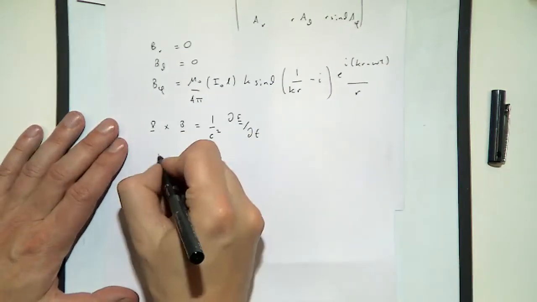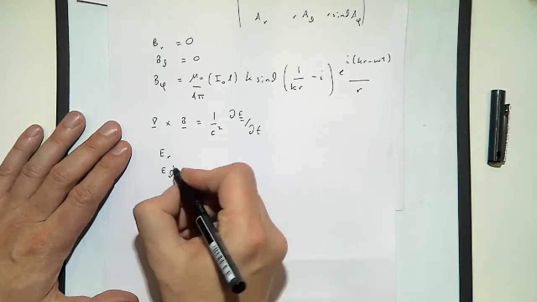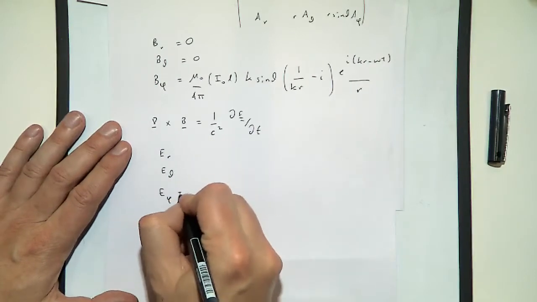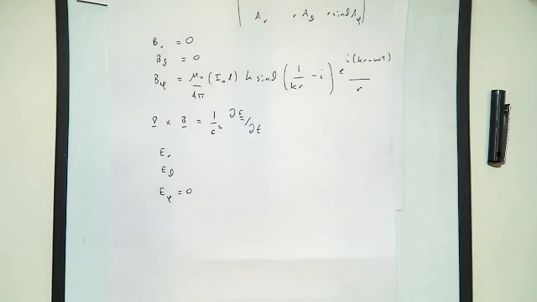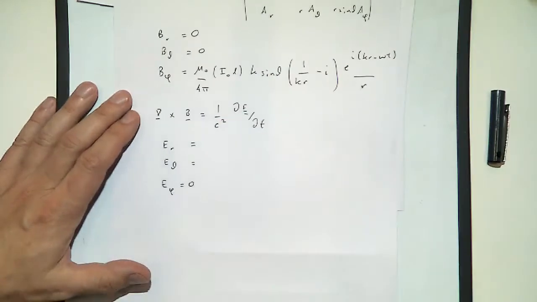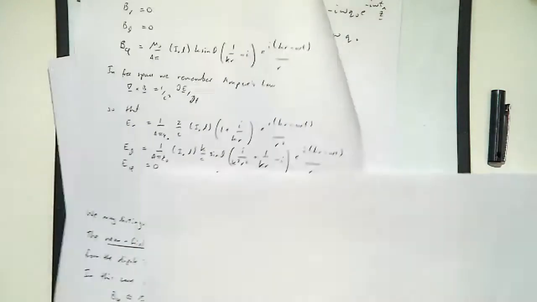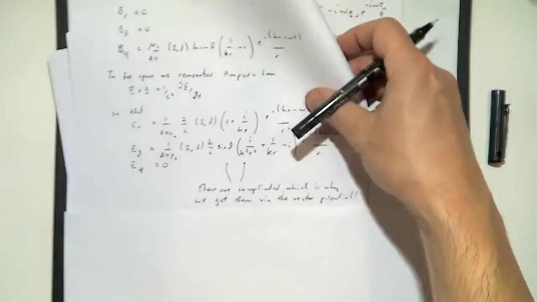Of course, in spherical polar coordinates, there will be two components of the electric field when I take the curl, and now the phi component is equal to 0 because the magnetic field is perpendicular to the electric field. Okay? So these are complicated expressions. Right? To save writing them out, I'm just going to pop them up here, so I don't ask you to write these down. Okay? So here it's all in one go.